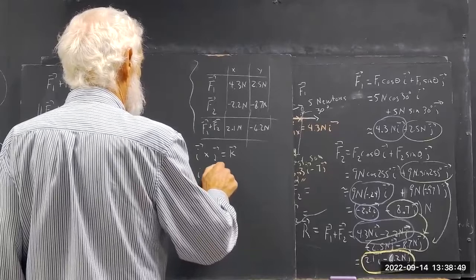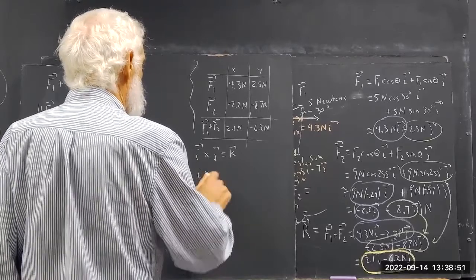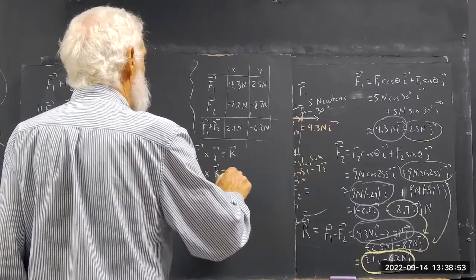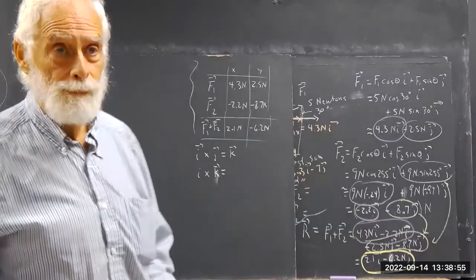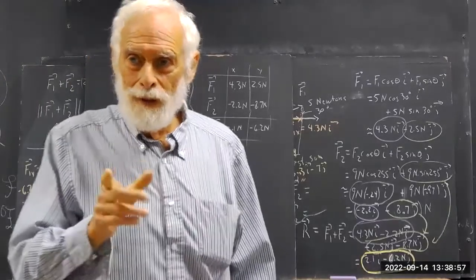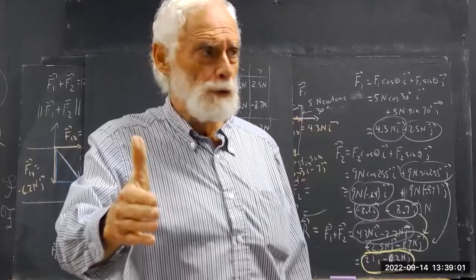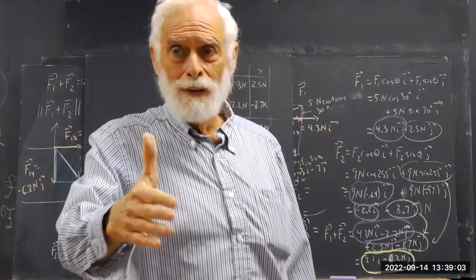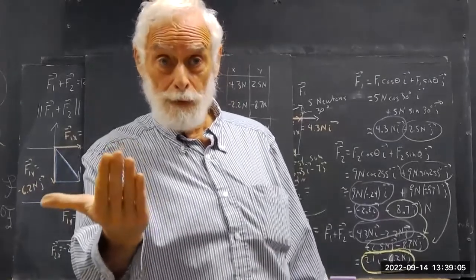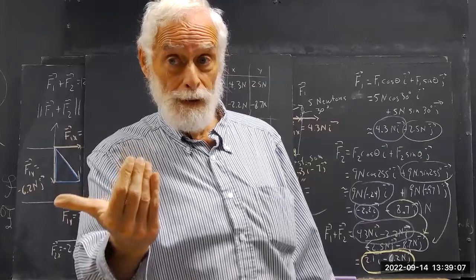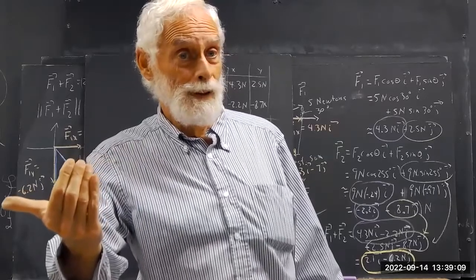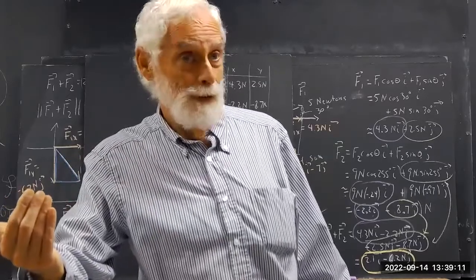Actually, I'll demonstrate. What's I cross K? Well, here's the direction of I. If I put my hand like this, my fingers won't go toward K, will they? So I have to put my hand like this so that my fingers will go to K. And there's my direction. That's the negative Y direction.